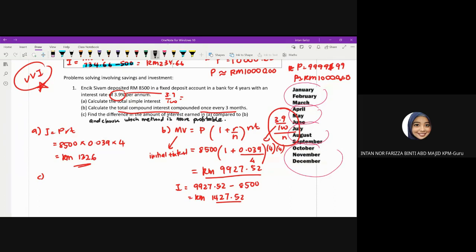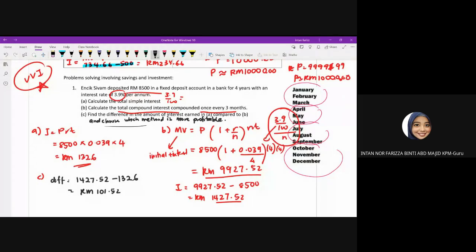When you want to find the difference, it is always the big number minus the small one. 1427.52 minus 1326. Press the calculator. We will get RM 101.52. All must be in 2 decimal places if it is decimal. This is the difference we got in C, part 1.